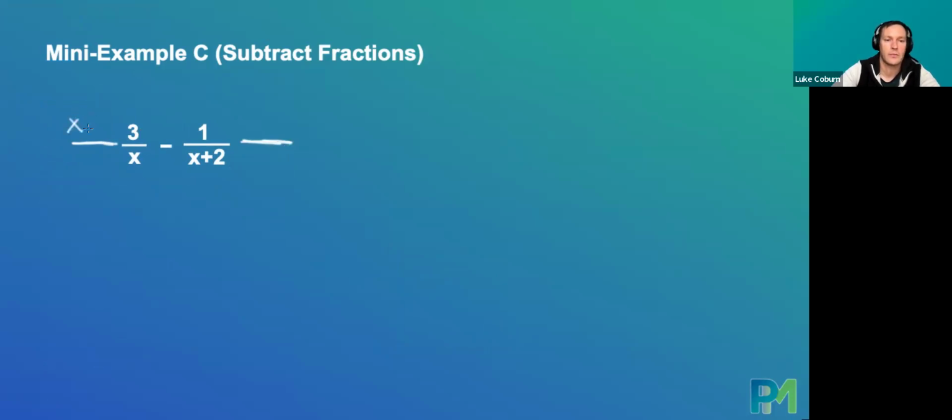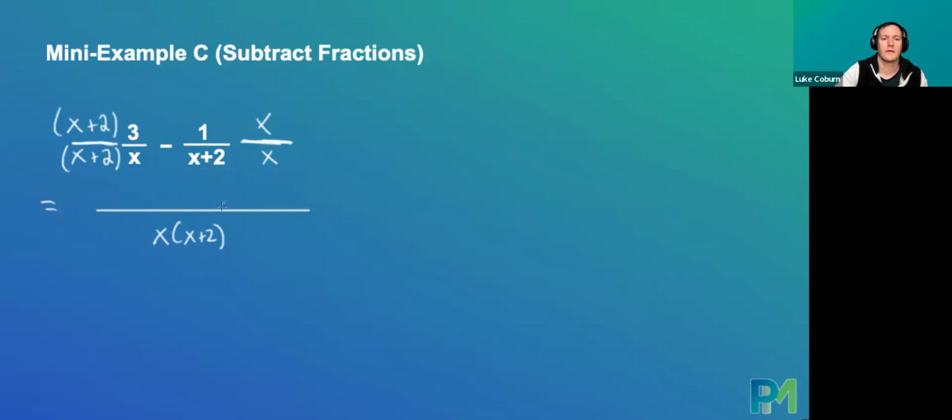Here I'm going to have x plus 2 over x plus 2, and then the other denominator, x over x. So exactly the same thing so far. I have one single line: x times x plus 2. Let's not forget our brackets. This is 3 times x plus 2.